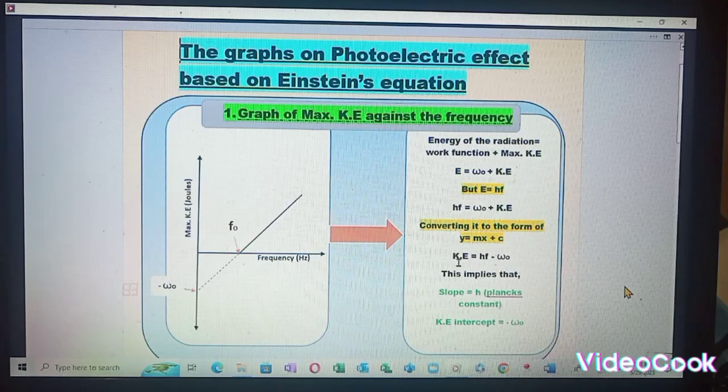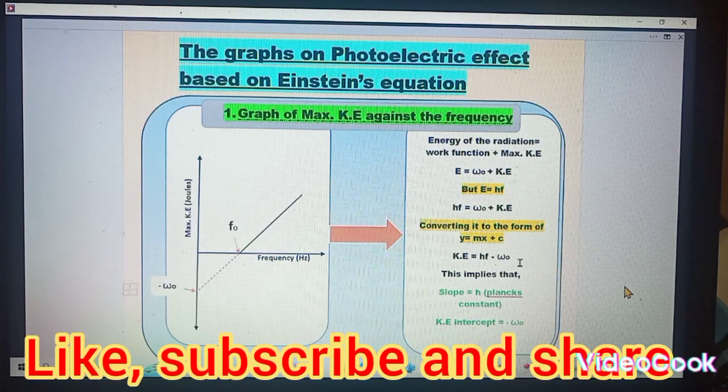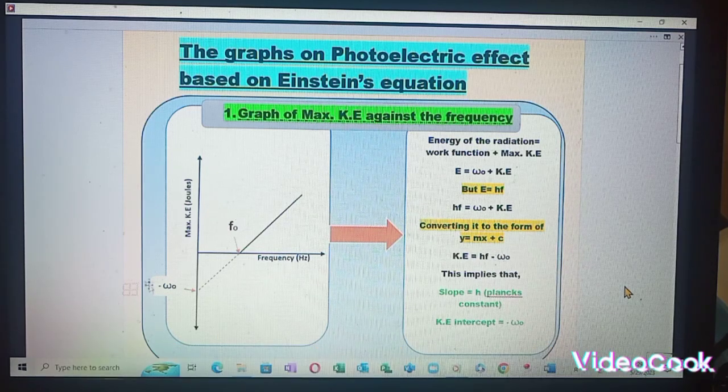By taking the work function to the other side, we now have the equation kinetic energy equals hf minus work function. So kinetic energy is the y-axis, then we have f, which is the x-axis, and then we have negative W naught.